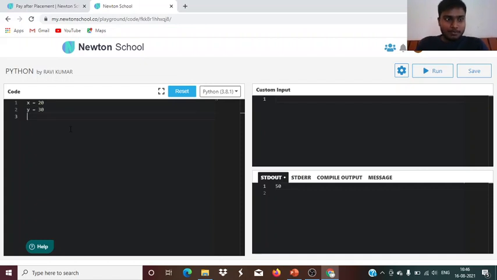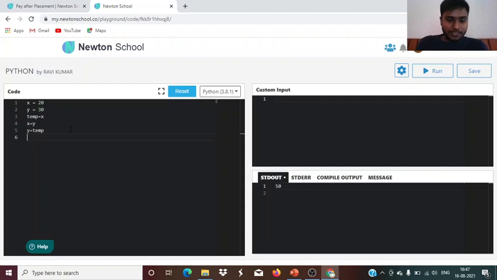Then we want to swap the values: temp equal to x, x equal to y, and y equal to temp.